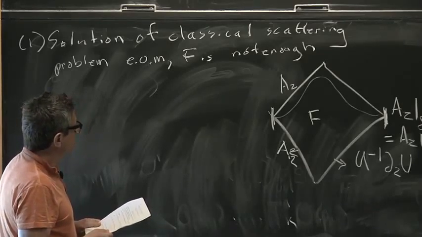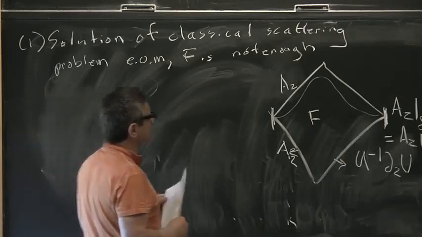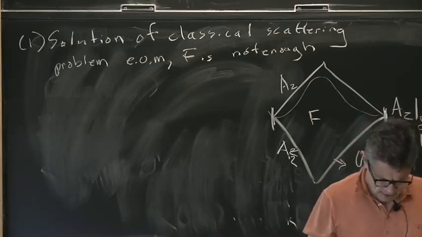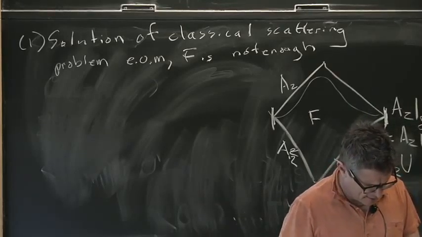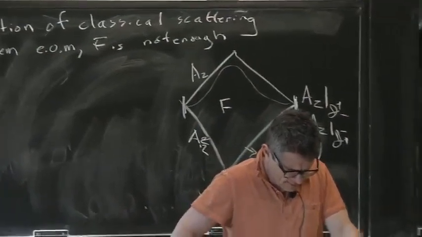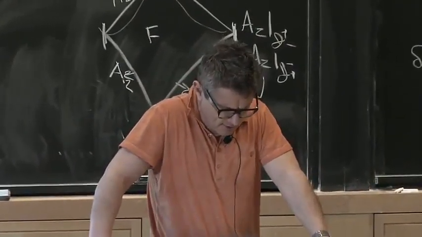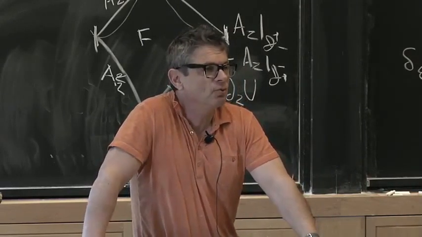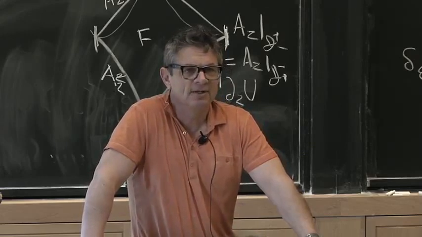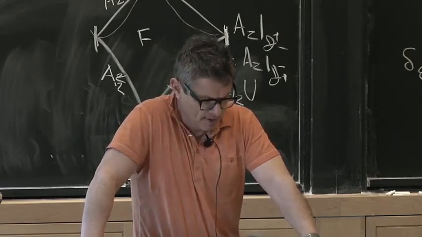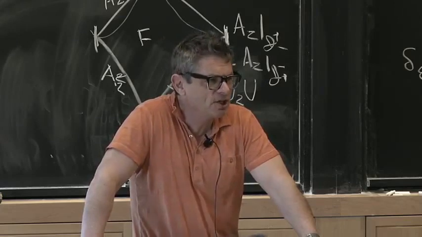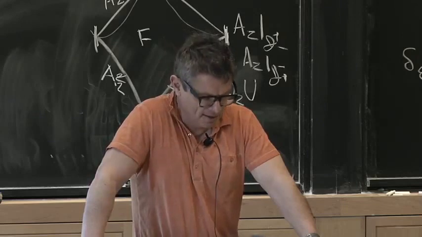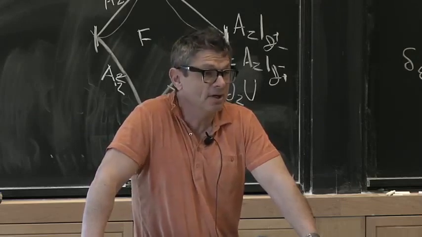Now, let me conclude this little discussion with an inconclusive comment. One of the things that you often read is that there is no definition of the S matrix in non-Abelian gauge theory.